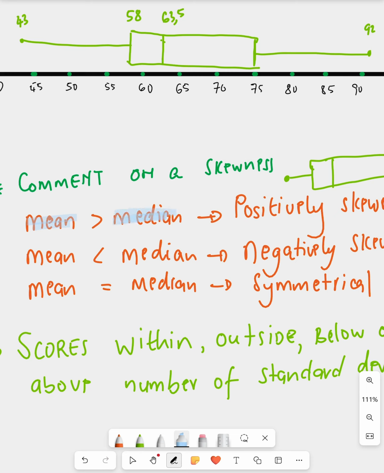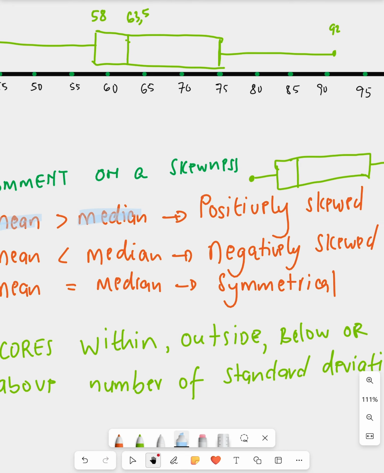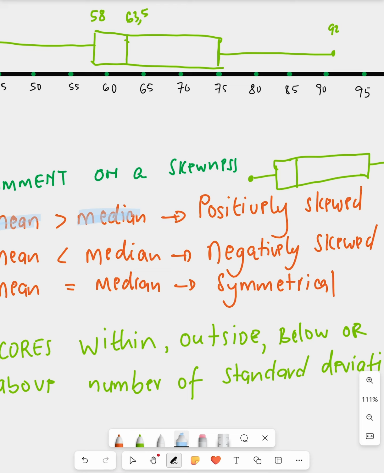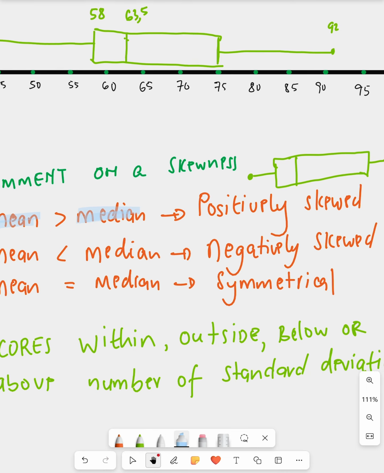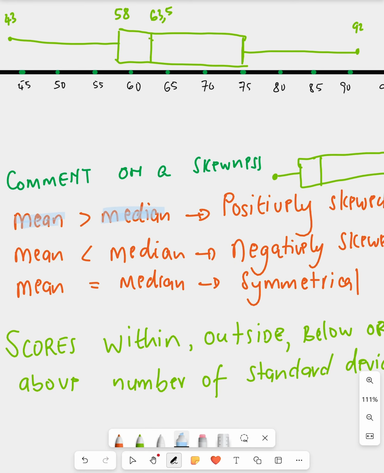If the mean is bigger than the median, your box and whisker is positively skewed. But if the mean is smaller than the median, your box and whisker will be negatively skewed. If the mean is equal to the median, we say our box and whisker is symmetrical.